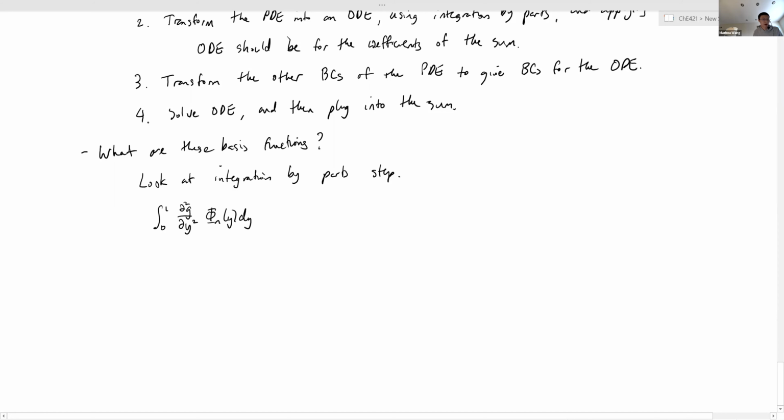We had to integrate by parts twice, right? The first term looks something like this. The second term looks something like this. And then, of course, we had this guy right here.